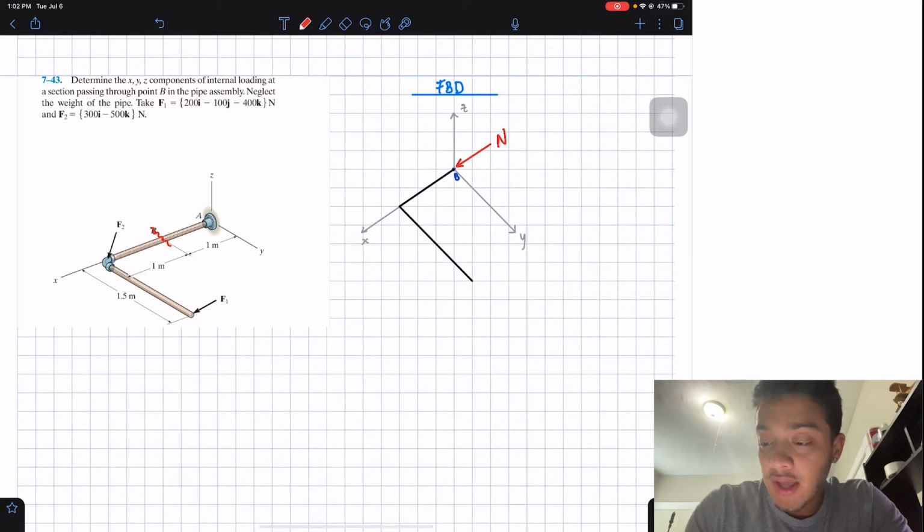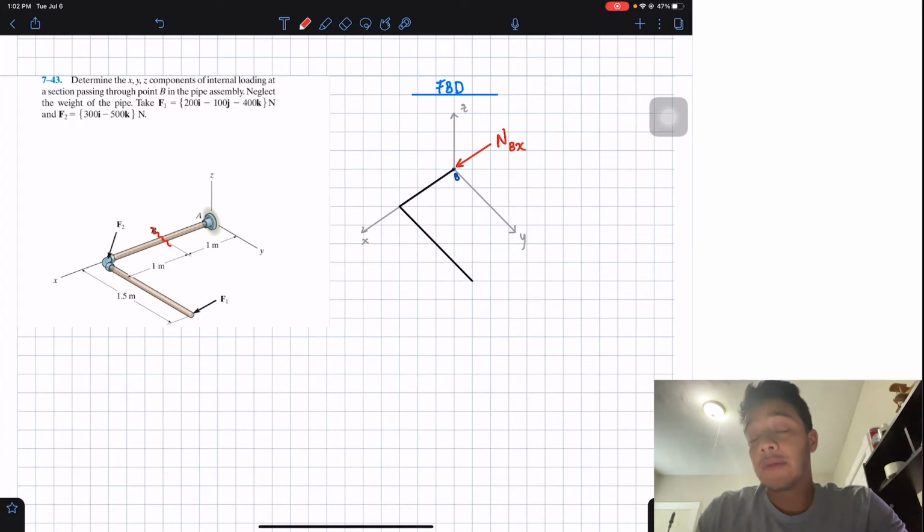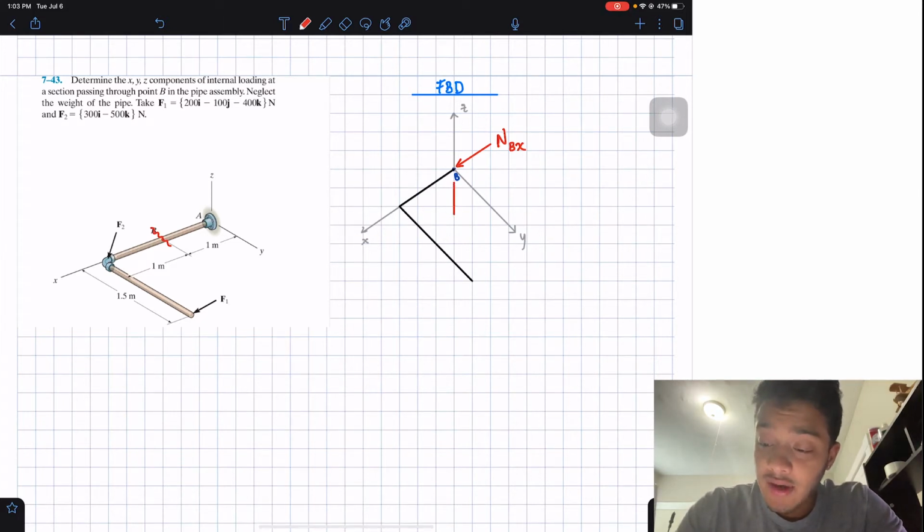Now we'll have an internal normal force that we're going to call NBx. I'm calling it B because it's at point B, and x because it's in the x direction. Then I will also have a force in the z direction, but this force is a shear force. So we'll have a shear force at point B in the z direction.